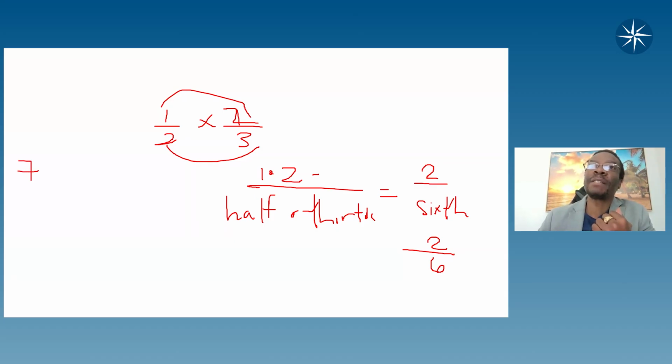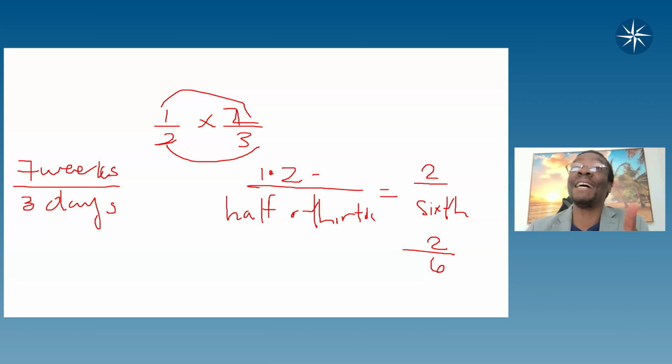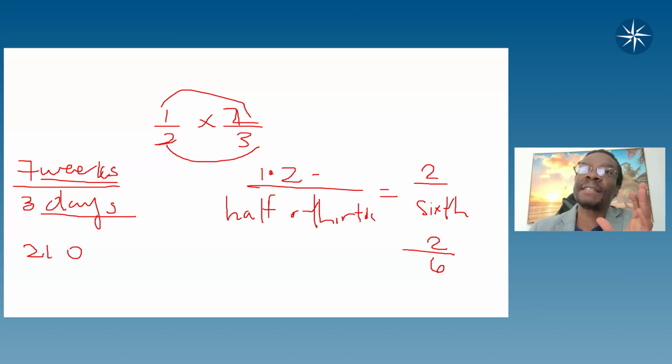If we have 7 weeks and we want to know how many days are within that 7 weeks, or we want to ask how many groups of 3 days can we get out of that 7 weeks? They cannot divide 7 by 3 because they are not the same unit. So how do we do this? Let's convert 7 weeks to days.